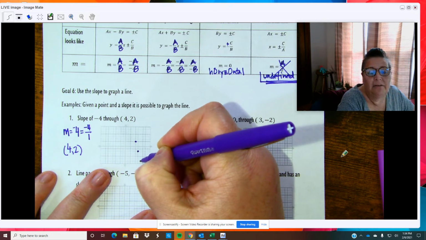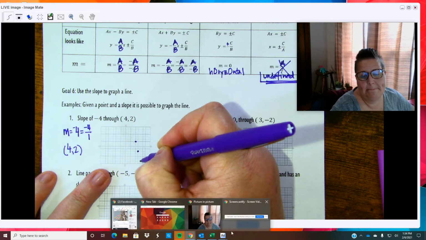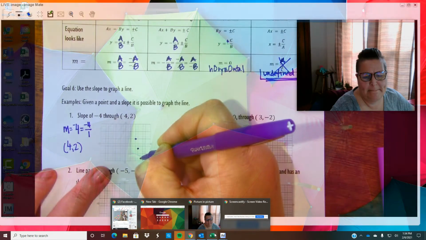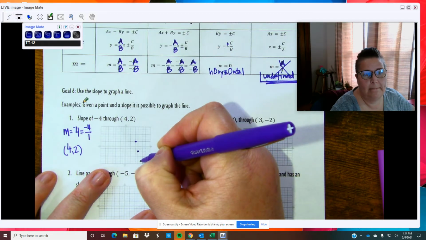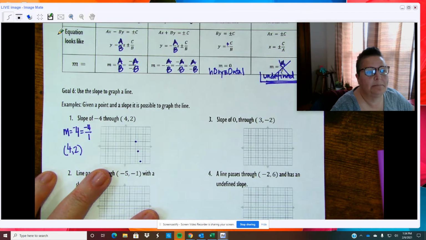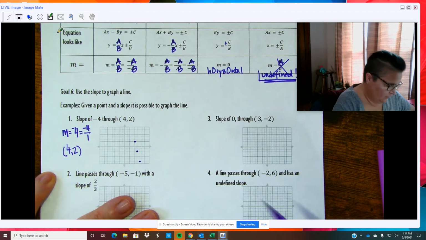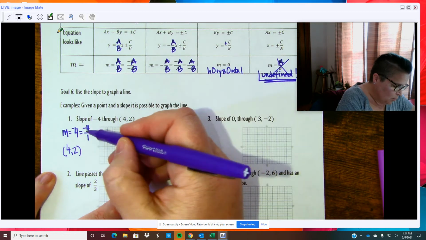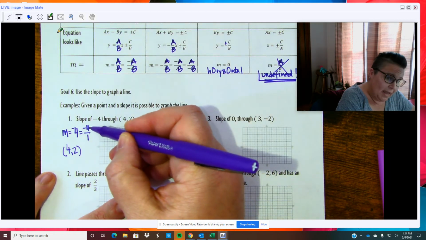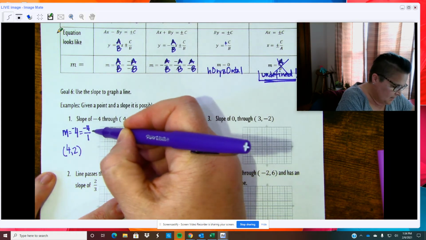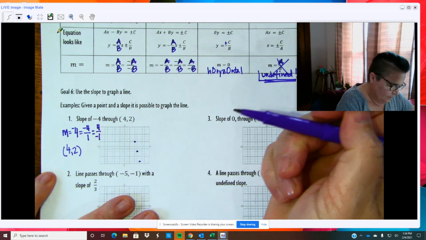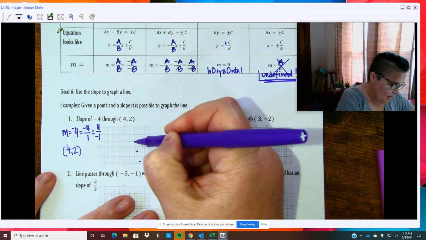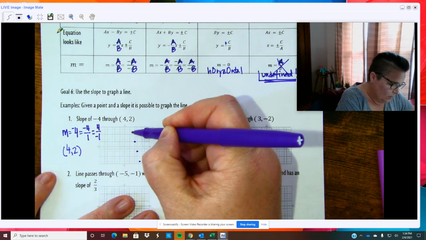When I cannot fall any further, I can move that negative and say, okay, -4 over 1 is the same as 4 over -1, which means I would rise 4 and go back 1.